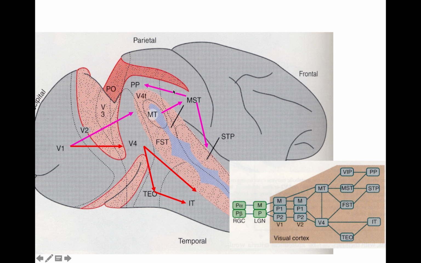So there are some really interesting types of deficits that can occur here, where a patient loses sensitivity to motion but retains shape and color, or loses sensitivity to shape and color and retains motion. So odd kinds of blindness can occur in these types of regions.